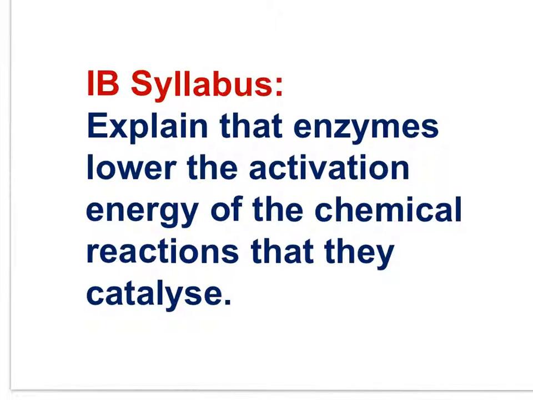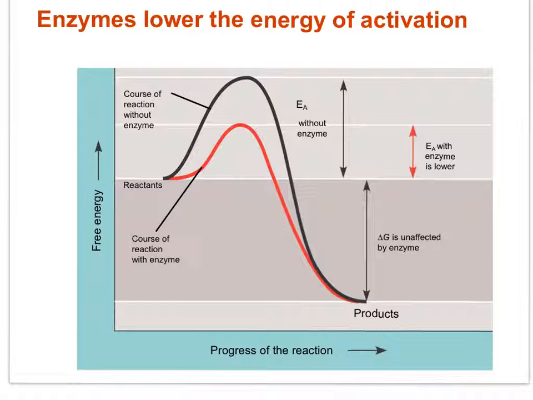Now, hopefully this IB syllabus statement, which I showed you in movie 1, is clear. Explain that enzymes lower the activation energy of the chemical reactions that they catalyze. You can explain this by talking about the relationship between substrates and the active site. You know that enzymes lower the activation energy for a reaction to proceed.